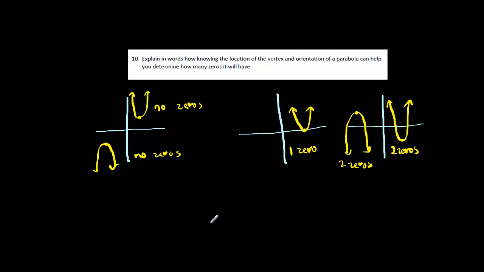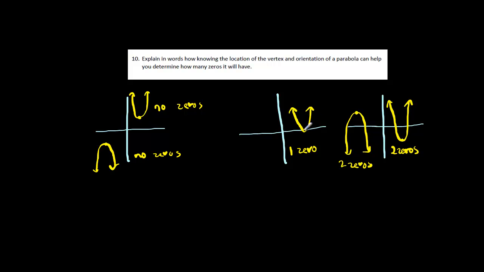So what you would explain is if the vertex is located above the x-axis and it opens up, or if the vertex is below the x-axis and it opens down, then you will have no zeros.